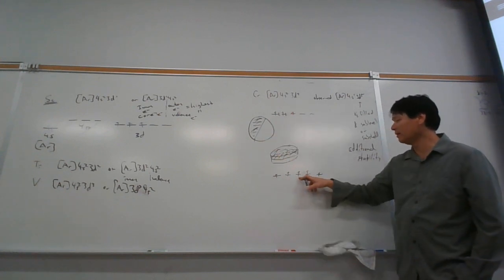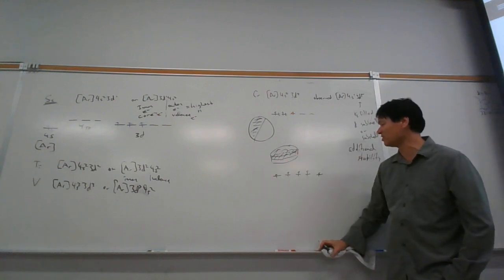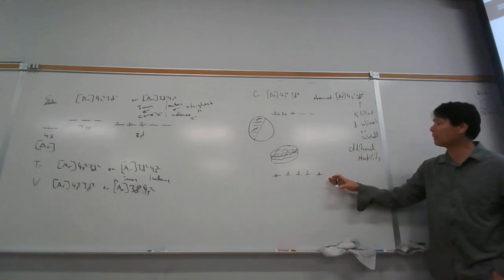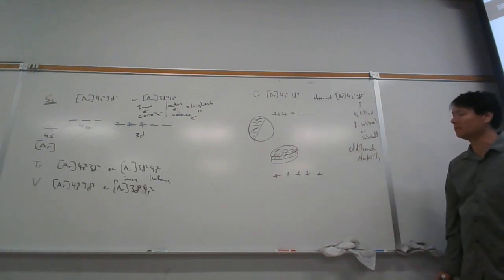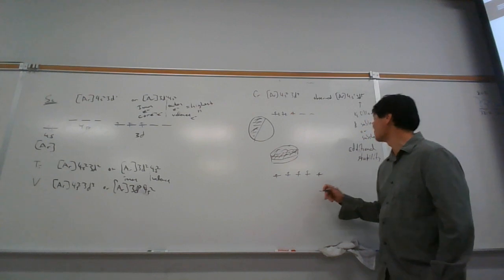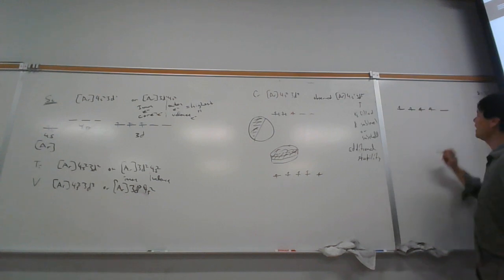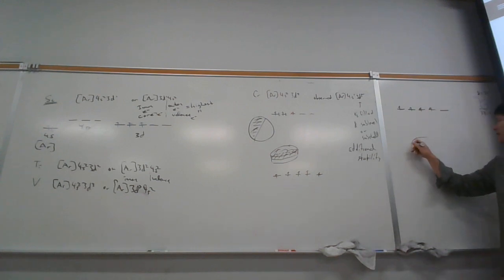This half filled has additional symmetry, which is what we call spherical symmetry, which adds a little bit of stability. And so what I end up with is 4 d electrons and 1 empty. So this is like this half filled with one slice taken out.